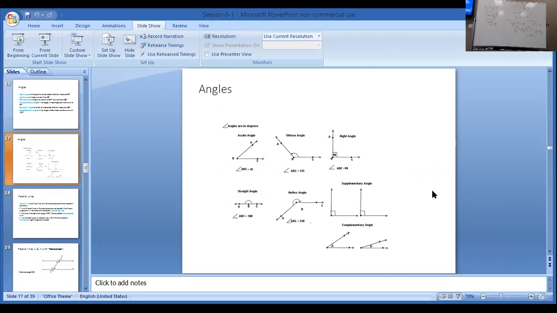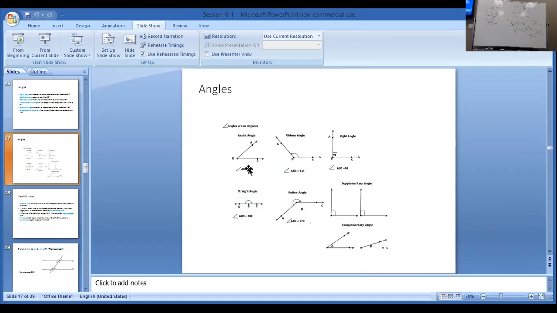Like here, you can see them. For example, on PowerPoint slide number 17, you can see we have angles in degrees. This one is ABC, and this is 45 degrees.